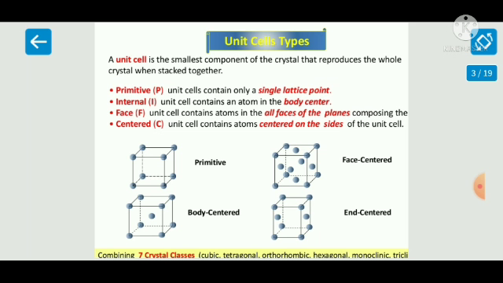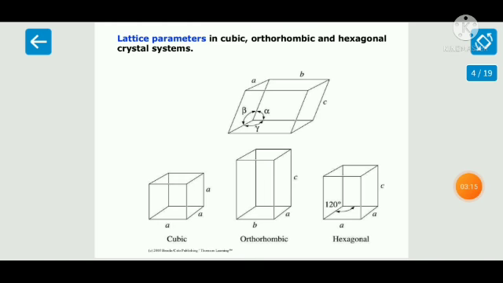The unit cell is the smallest component of the crystal that reproduces the whole crystal when stacked together. See the lattice parameters in cubic, orthorhombic and hexagonal crystal systems. The rules of the Miller indices: determine the intercepts a, b, c of the plane along the crystallographic axes in terms of the unit cell dimensions. Take the reciprocals, clear fractions, and reduce to the lowest terms.